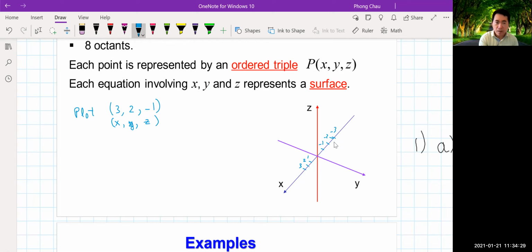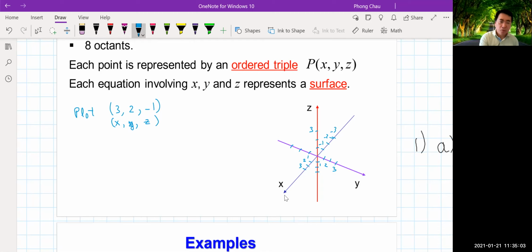For the y-axis, it's pointing to the right. So it's 1, 2, 3, and the other direction is -1, -2, -3. And for the z-axis, this is 1, this is 2, this is 3 up here, and there's -1, -2, and -3 down there.